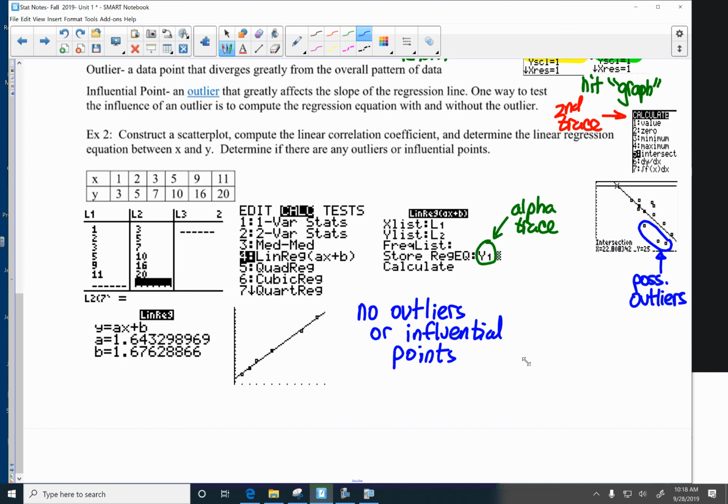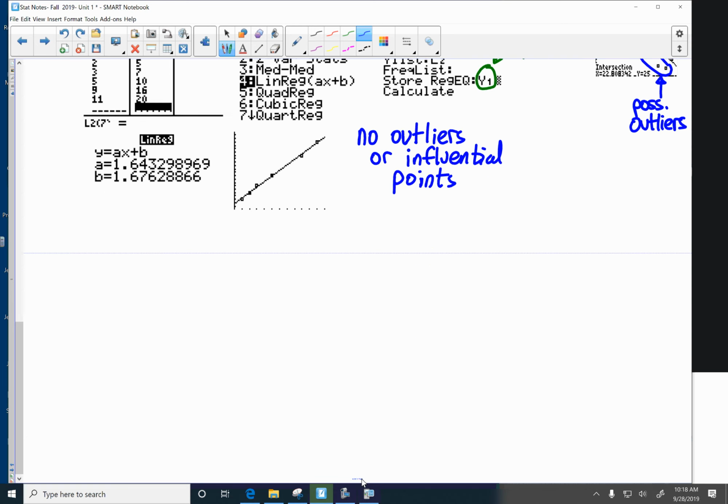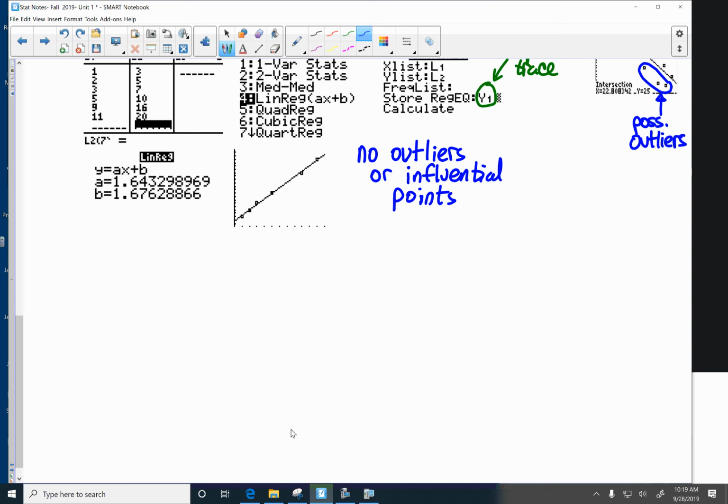So what I would want to do is let the calculator figure out what the R squared value is to determine the type of fit. So let's do that. To find the R squared value, we need to make sure our diagnostics are on. So to find R squared, turn on stat diagnostic.